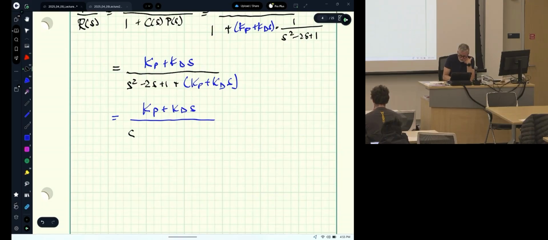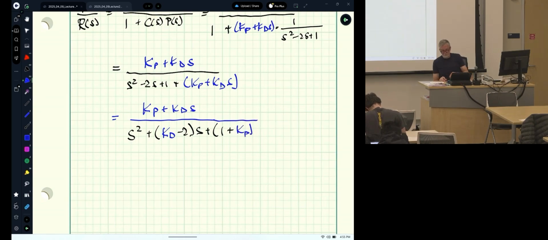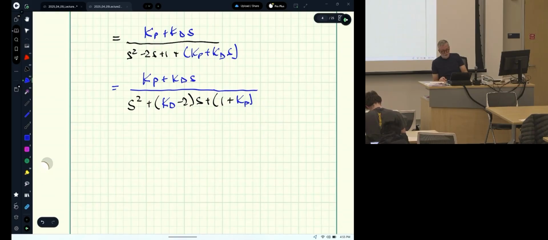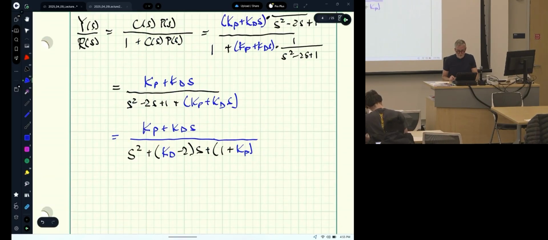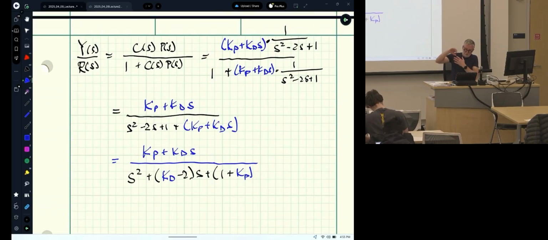So this becomes S squared plus KD minus 2 times S plus 1 plus Kp. Okay, plant, PD controller, there's the closed loop system.